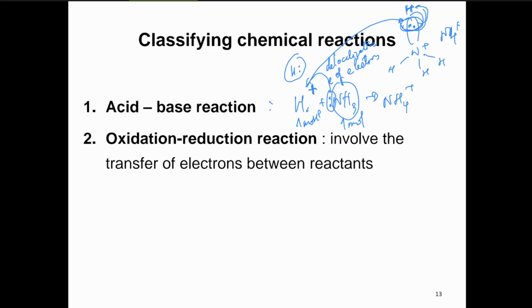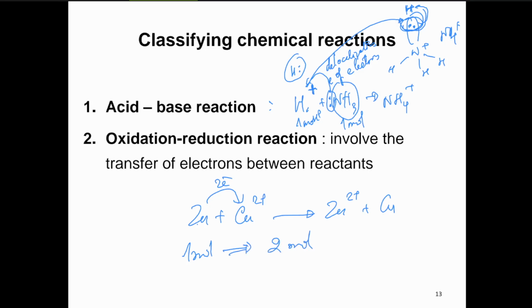However, for the oxidation reduction reaction, if you take zinc plus copper 2+, you make zinc 2+ plus copper. So now you know that if you have 1 mole of zinc react, it will generate 2 electrons, and then you calculate 2 mole of electron will transfer from zinc to the copper.